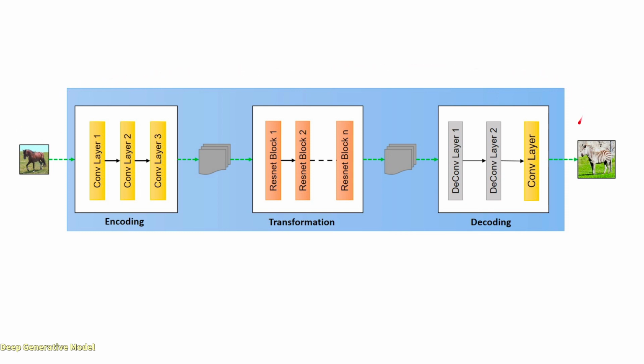But in the CycleGAN, it considers two architectures. One is the UNet, like pix2pix, and the other is this encoder, transformation, decoder. This one is also used a lot, but you don't have to use this one. For the CycleGAN, you can still use the UNet architecture. It works just as good in most of the cases.